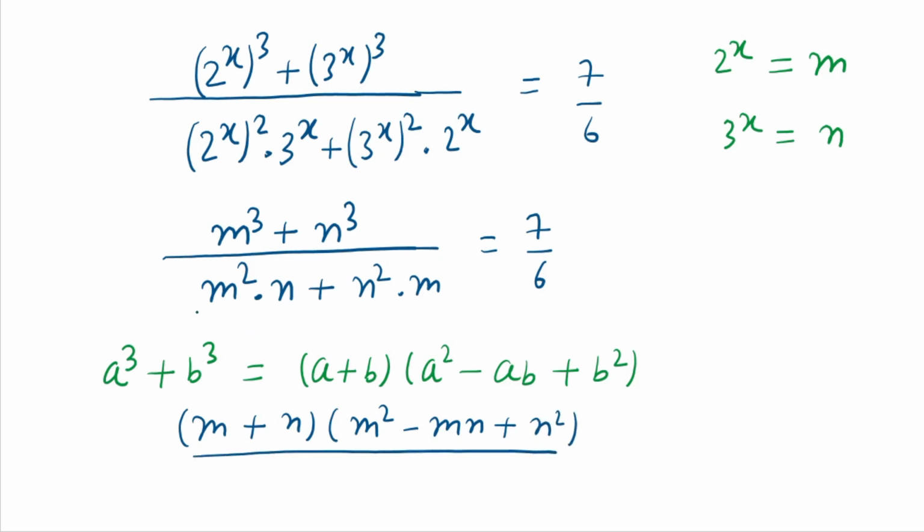Look carefully in the denominator: if we take common mn, we get (m plus n), which equals 7/6.